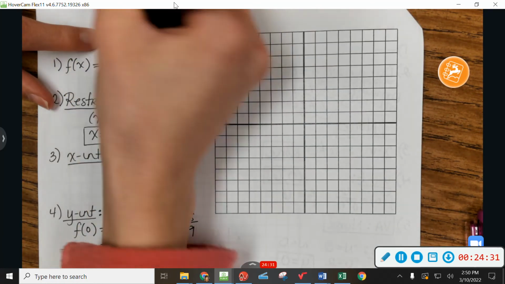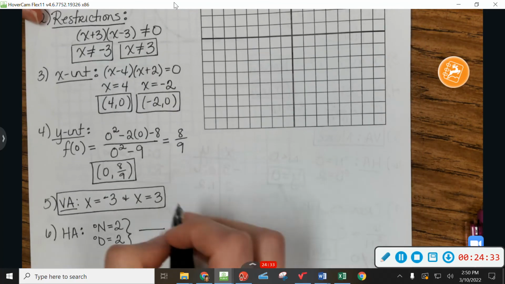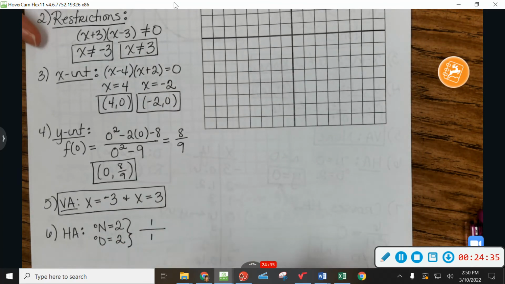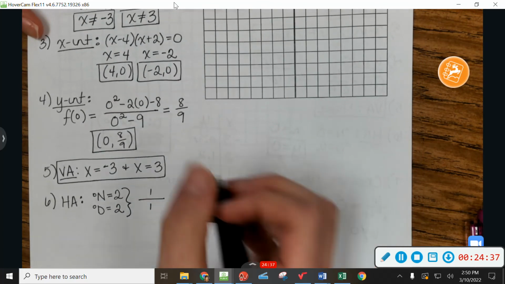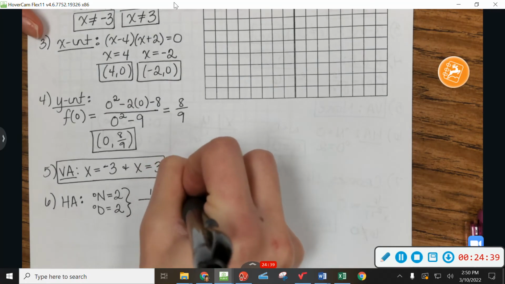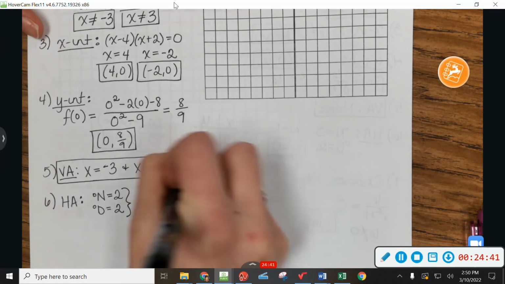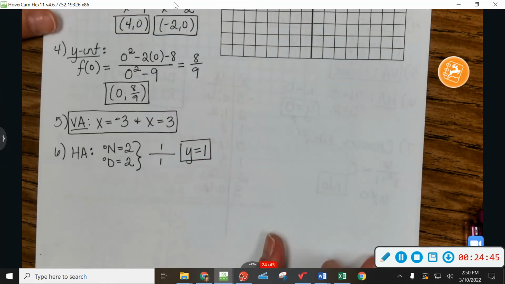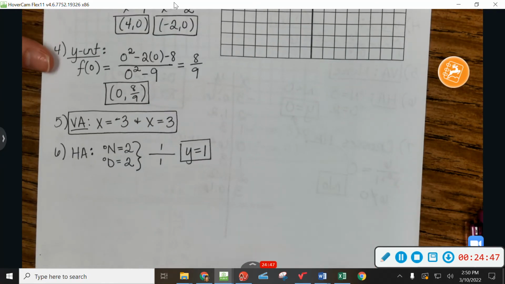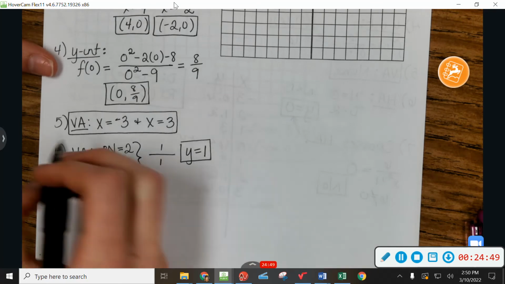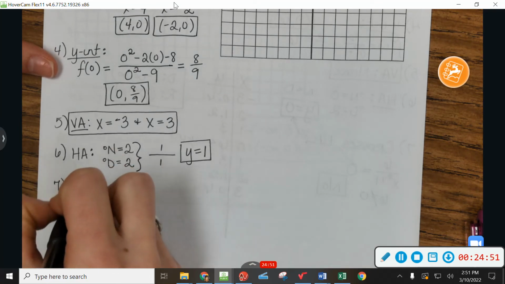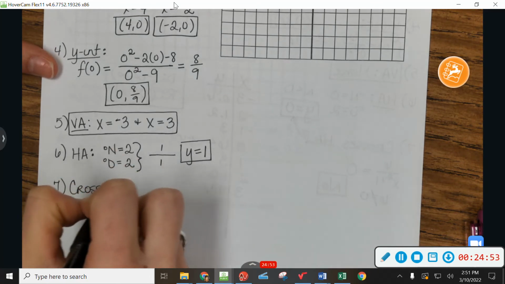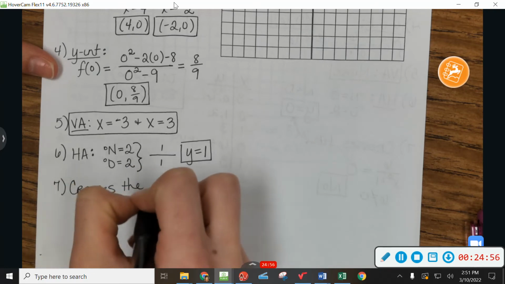The leading coefficient for my denominator is also 1. So if I'm doing a ratio of 1 over 1, my horizontal asymptote is y equals 1. Y'all good with that? So then I'm going to check, does it cross the horizontal asymptote.